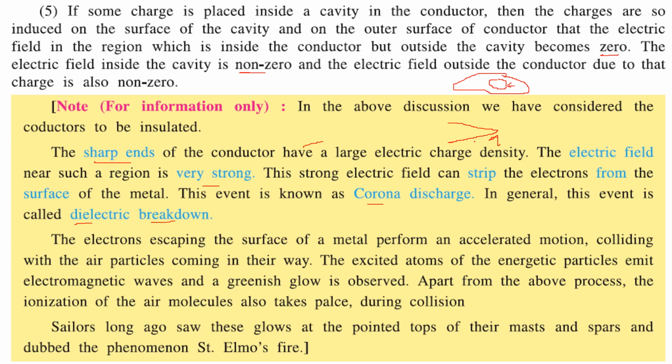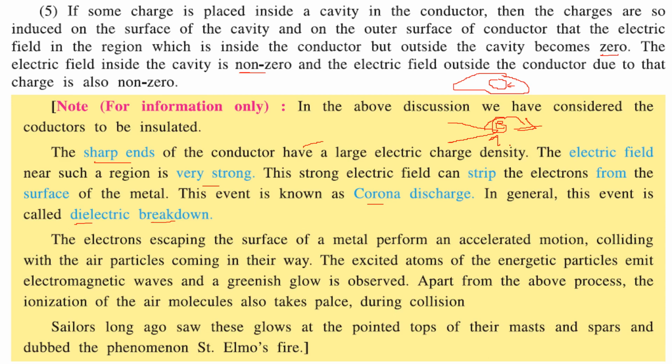The electrons escaping from the surface of the metal perform an accelerated motion. They collide with air particles coming in their way, and the excited atoms of these energetic particles emit electromagnetic waves, and you'll see a greenish glow.